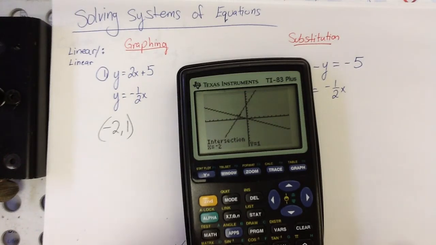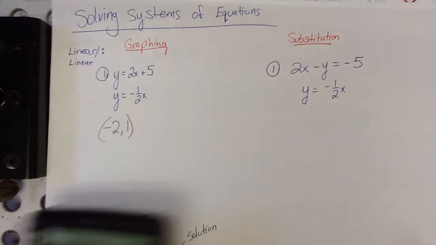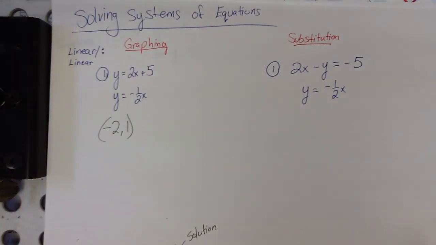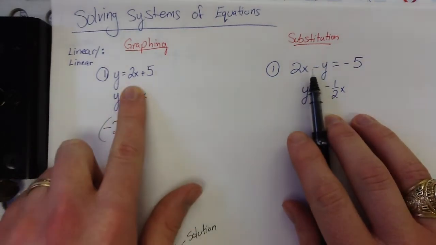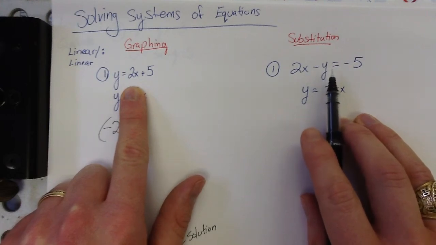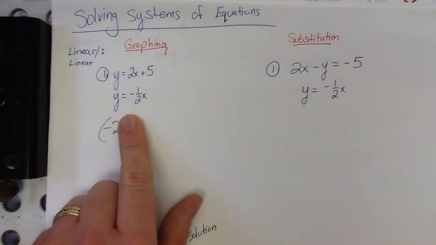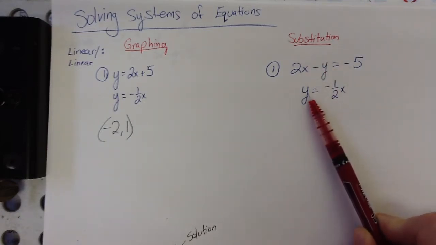That's it. Now, substitution, that's another method you're going to need to use sometimes. All right. Now, I've intentionally rearranged this equation. The first one, if you look close, it really is the same thing. You can do some rearranging and it would be the same thing. But sometimes substitution is the way to go, when you notice that you have one variable solved for.